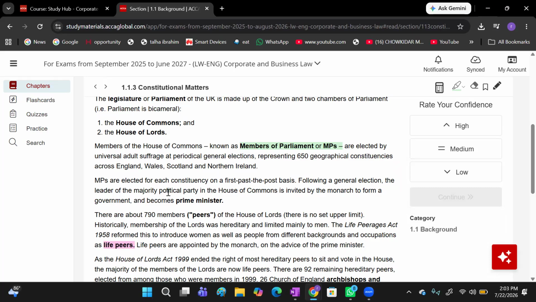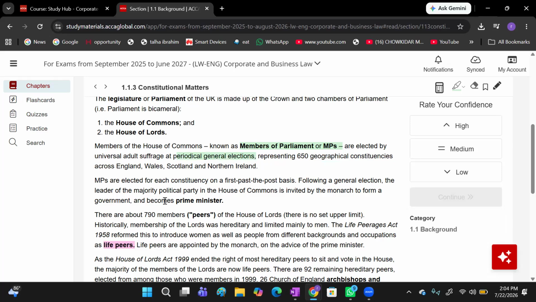So we were talking about the members of the parliament. These are people who have been elected by the public. Every country has periodical general elections. Like in Pakistan, we have them every 5 years. I think in the UK also they have them every 5 years.